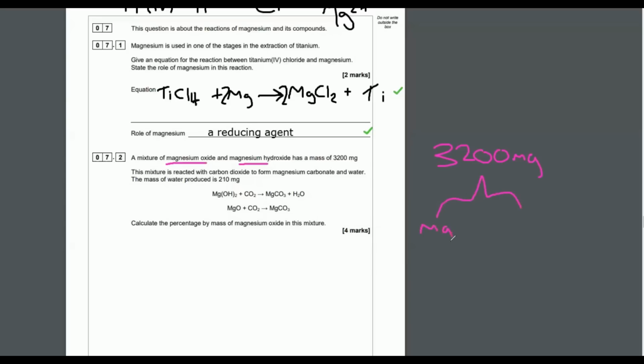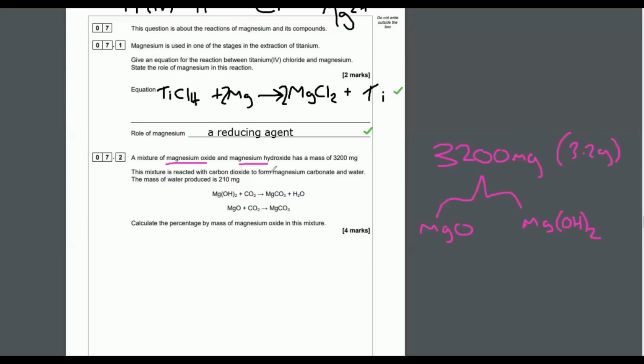So magnesium oxide and magnesium hydroxide. Now, hydroxide ions have a -1 charge, so the formula is going to be Mg(OH)2. So combined together, they have a mass of 3,200 milligrams. Straight away, I know that they're going to want to convert that into grams. So we're going to divide by 1,000 to make 3.2 grams.